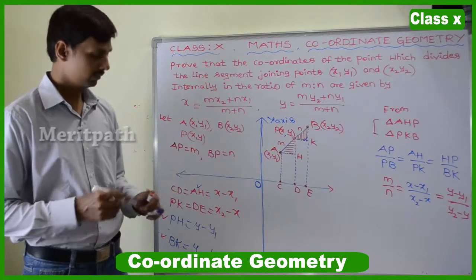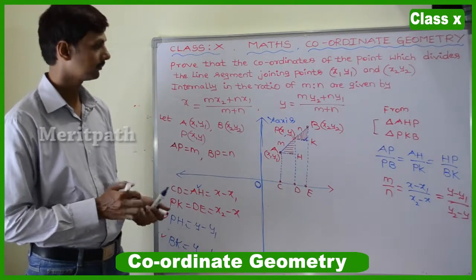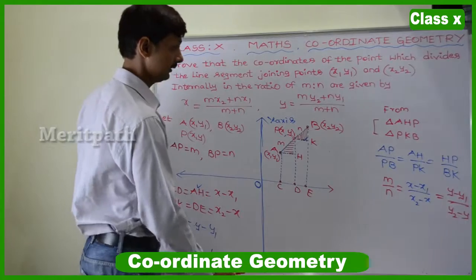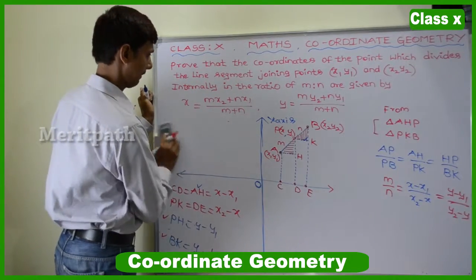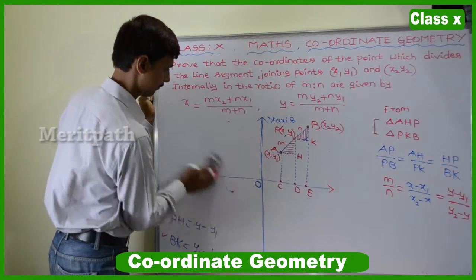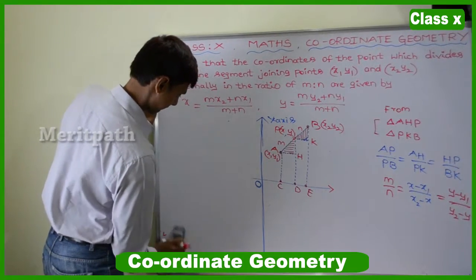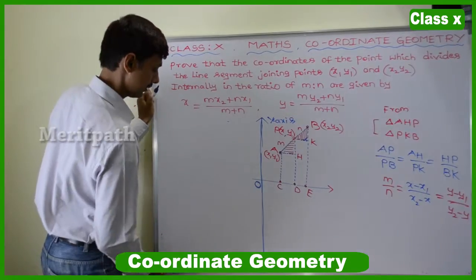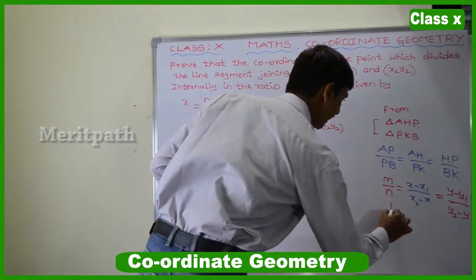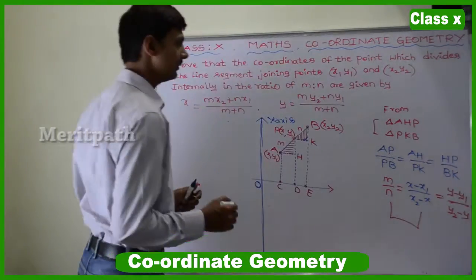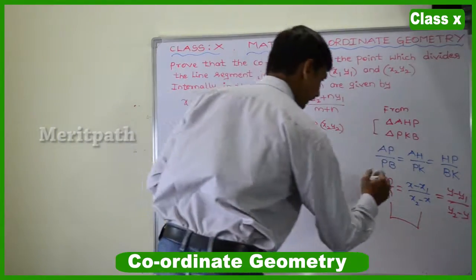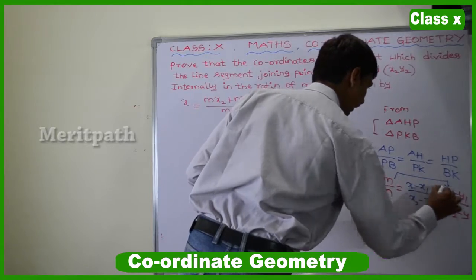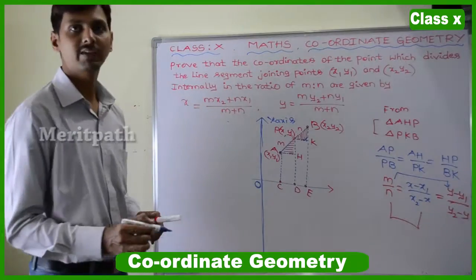Let us simplify this one. First let us take m by n is equal to x minus x1 by x2 minus x. Then afterwards we will take m by n is equal to y minus y1 by y2 minus y.